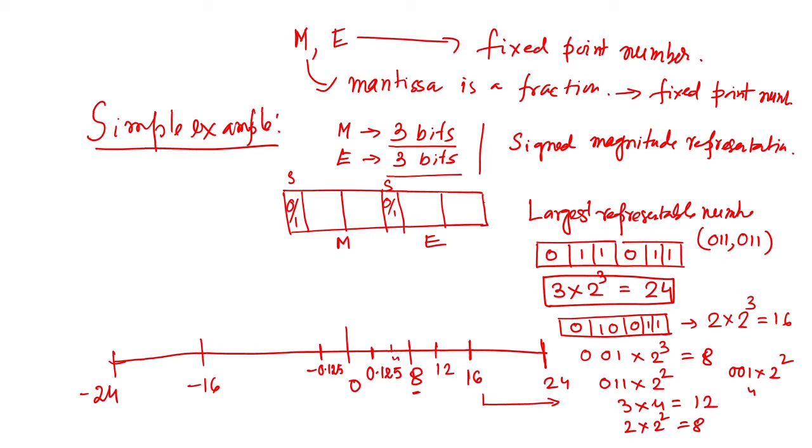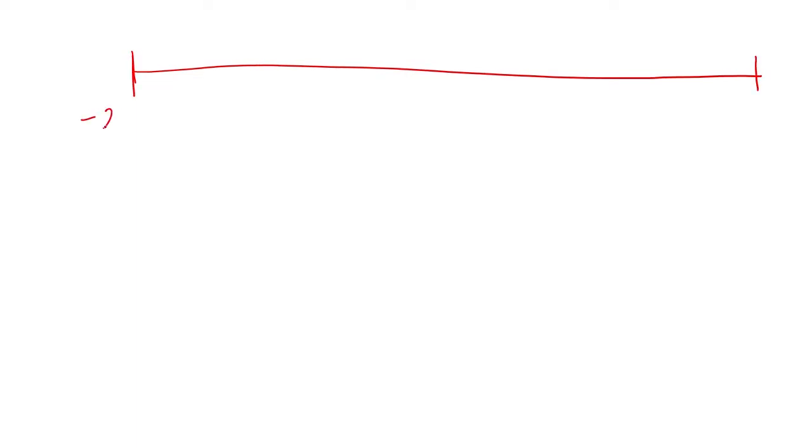Okay. So, we will study this in more detail in the next slide. We have a number line as we have seen here. This is minus 24, this is plus 24, then we got 16. So, we should have 16 somewhere here, let us say this is 0.